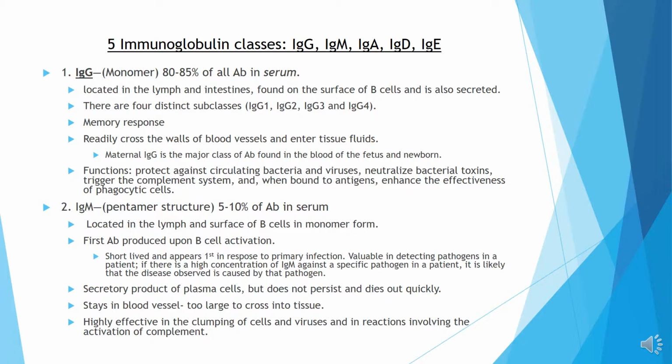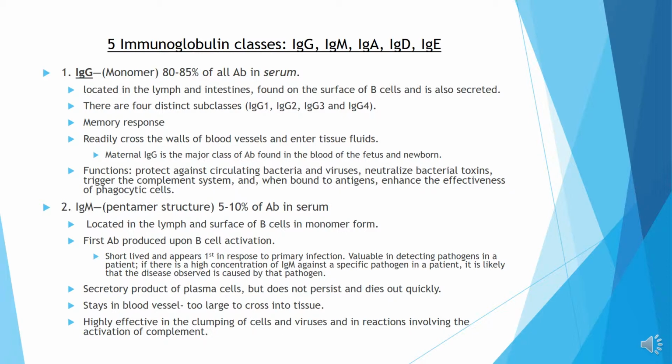The second class of immunoglobulins is IgM. IgMs have a pentamer structure, which means there are 5 monomers held together by a polypeptide called a J, or joining chain. IgMs make up about 5 to 10% of the antibodies in serum and are located in the lymph and on the surface of B cells in a monomer form.